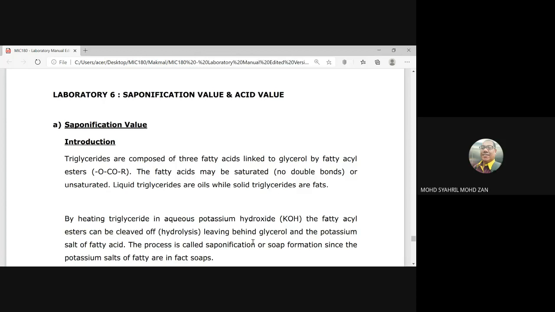Why? Because it is the formation of the potassium salts of fatty acids, which are the soaps. This is more like bar soap, the big soap that we see, so that is the example of saponification in bulk. Because we bind all the fatty acids with the potassium, we can get the values from that.